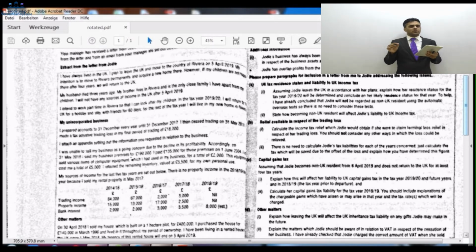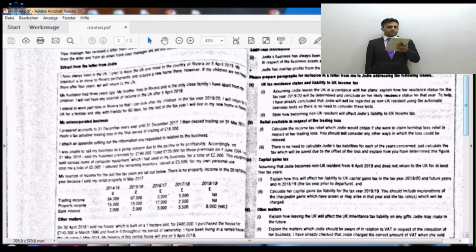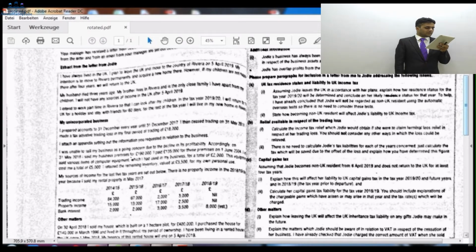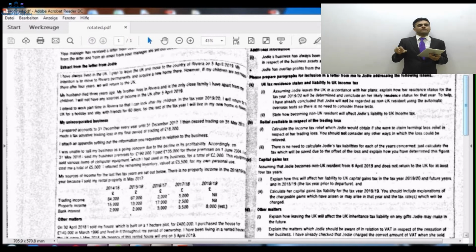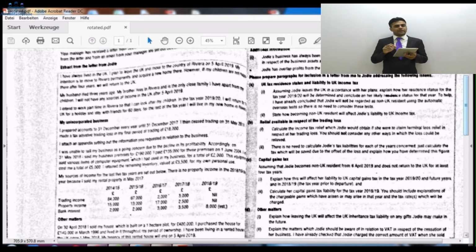Has she spent 183 days in the UK? No, she hasn't spent 183 days. So this automatic UK test does not apply. A person whose only home is in the UK, no, it doesn't apply either. A person who carries out full-time work in the UK, it does not apply to her either. So there are 3 automatic UK resident tests, and none of them apply to her in this case.